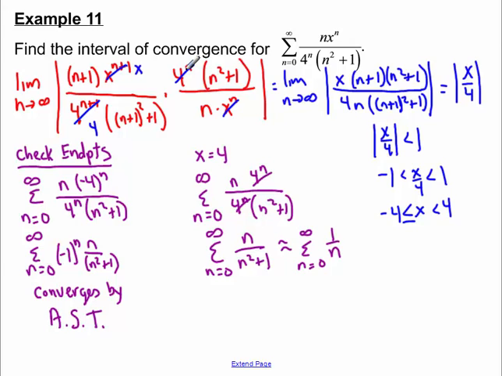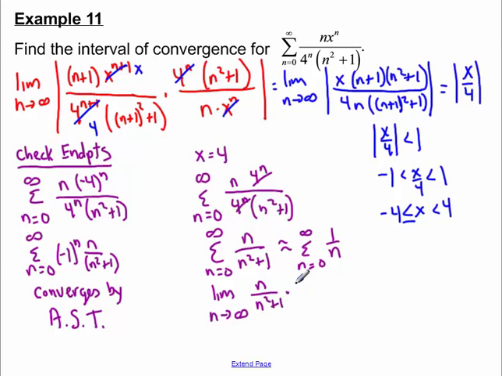So let's go ahead and do the limit comparison test of n over n squared plus 1 times the reciprocal of what we have there, which is n over 1. Okay, so that simplifies to n squared on the top, n squared on the bottom, so that equals 1.